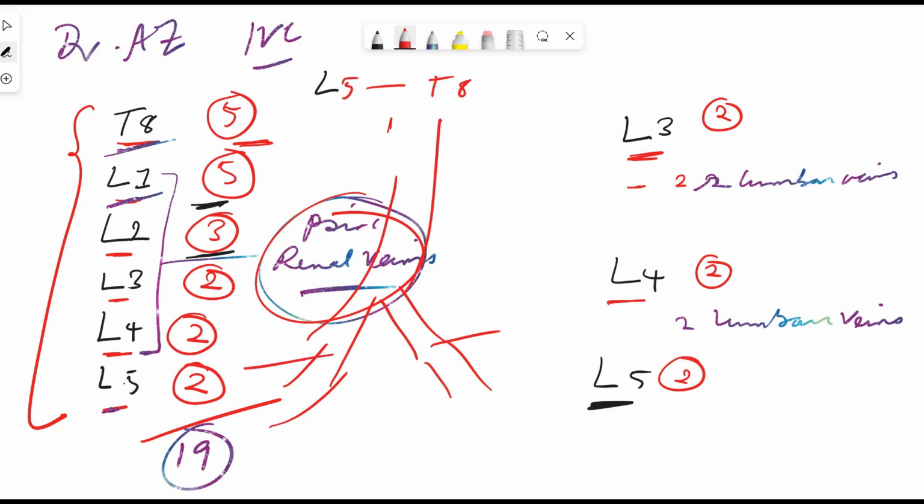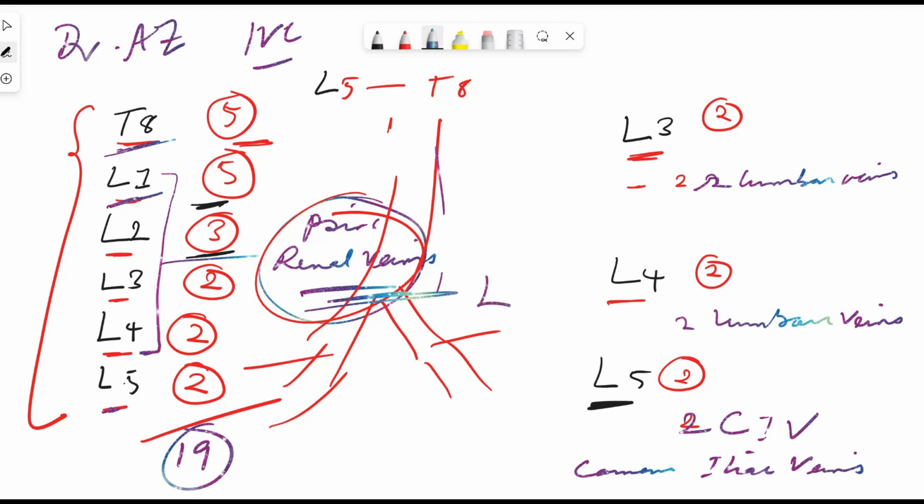We have 2 common iliac veins. So the inferior vena cava originates from the 2 common iliac veins at the level of L5, and then passes upwards until it reaches the level of T8.